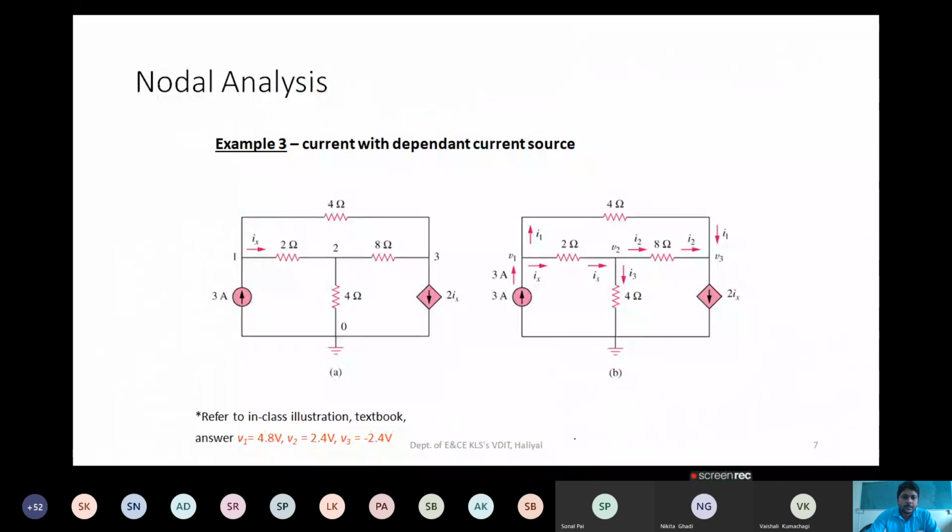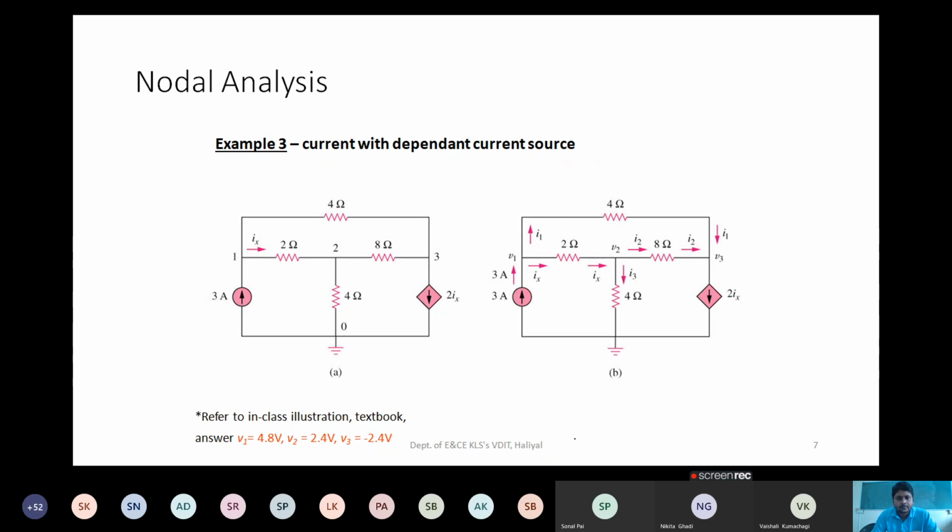So now coming to the second example. Here we have a circuit wherein we have a dependent source also. If you look into the dependent source, can anyone tell here what is Ix?